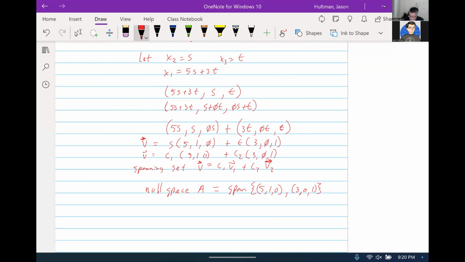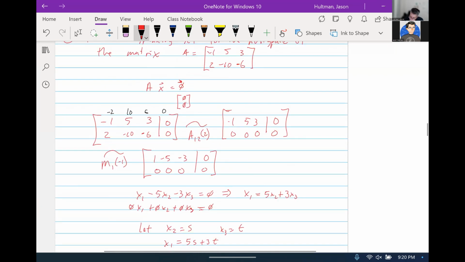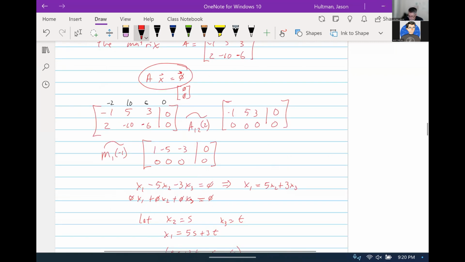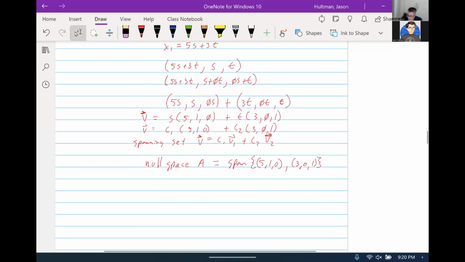So that's the null space of A. That's all the solutions to this equation here. All the solutions to that equation are linear combinations of these two vectors. That's what that means.